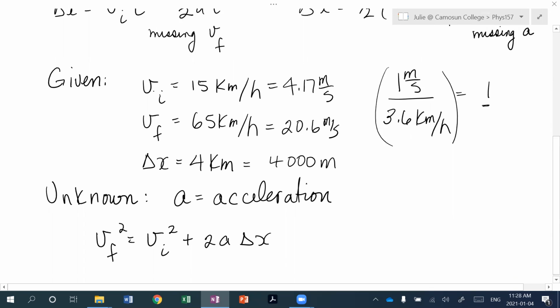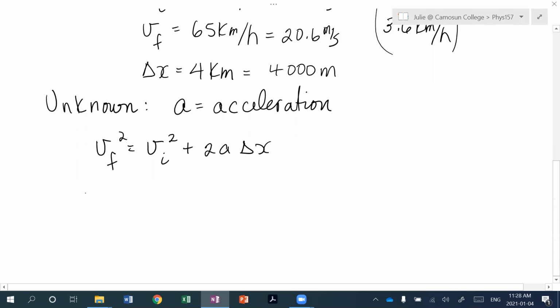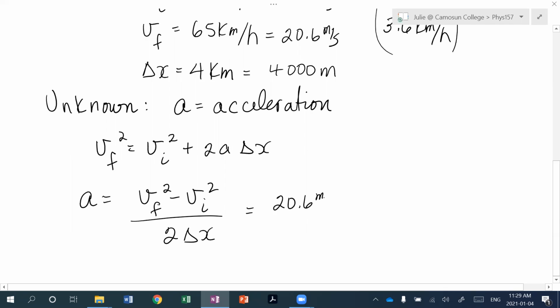Now it's a good idea to solve this equation for A before you put your numbers in. So A is VF squared minus VI squared over 2 delta x. And then you're ready to go. You would have 20.6 meters per second, squared. It's always a good idea to put your units into these equations so that you can see that they all work out and you've got the right units.